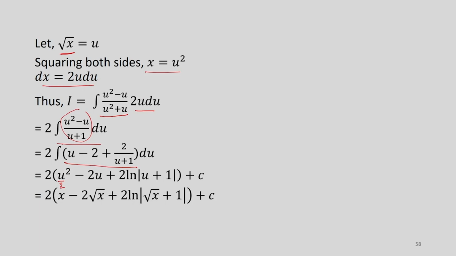So, instead of u square, I will write x, and here there is 2, and after that you have minus 2u. Instead of u, I am writing root x, and then 2 log of modulus of root x plus 1, and then there is this plus c. Okay. So, this is how it is done.